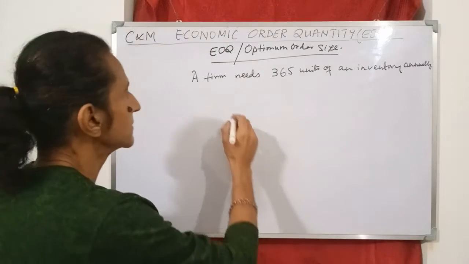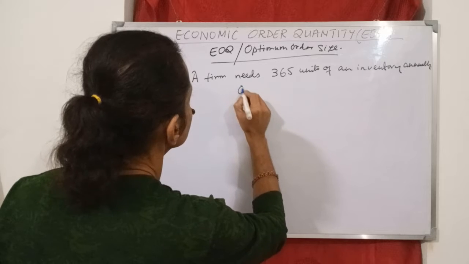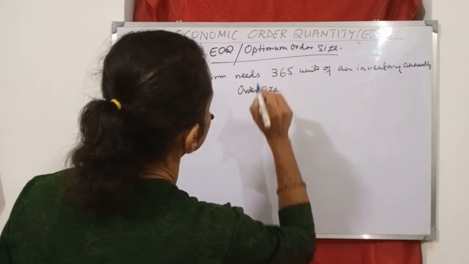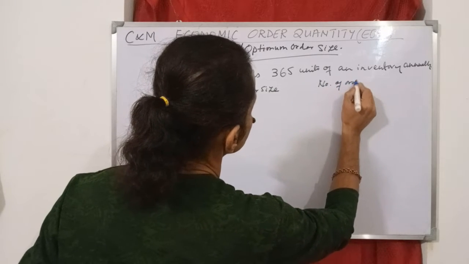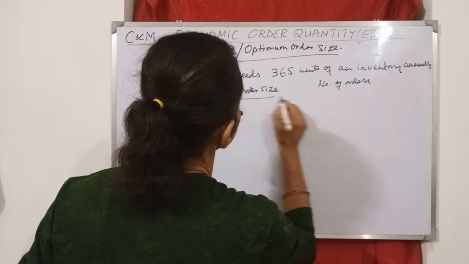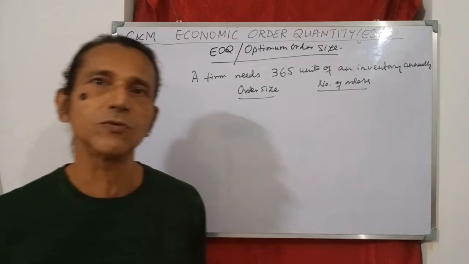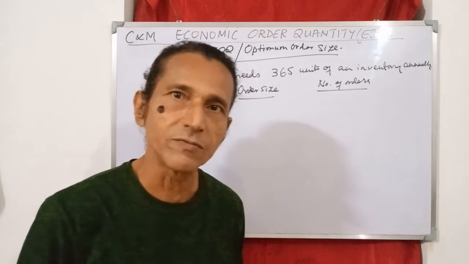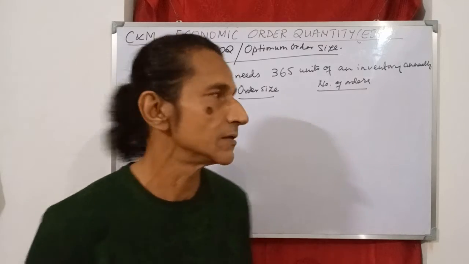Say, here we make two columns. One is order size and the other is number of orders. Suppose the farm is procuring the full shipment of the annual requirement in one go, that is by placing one order.